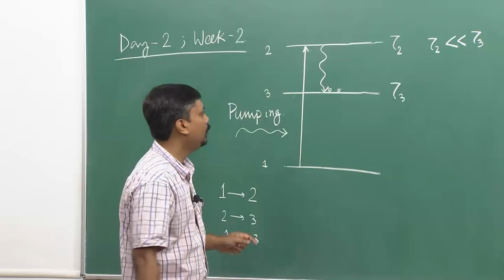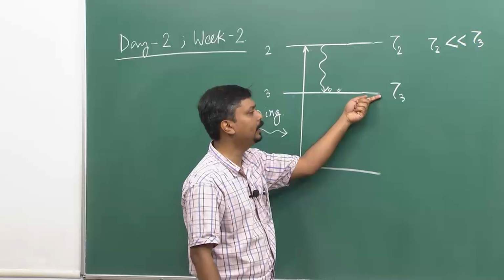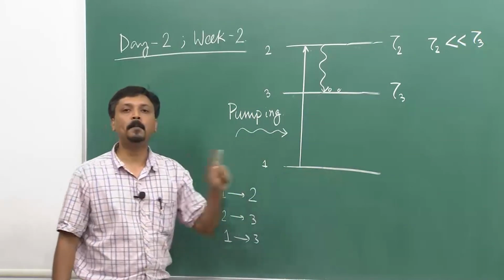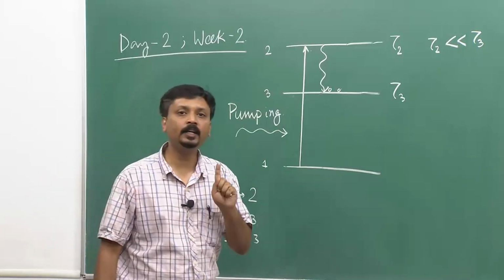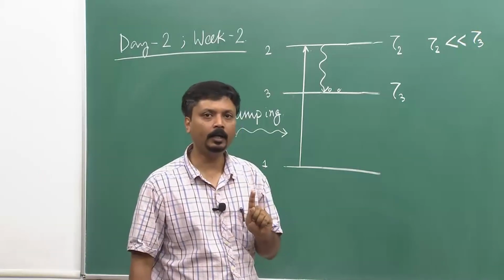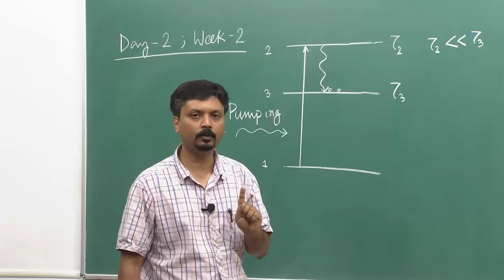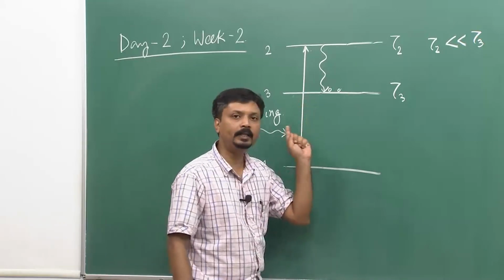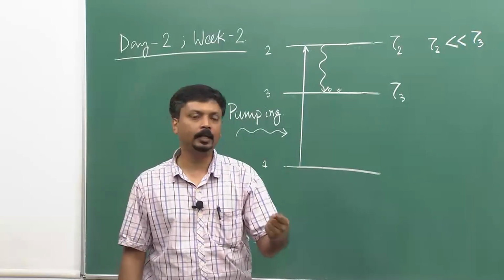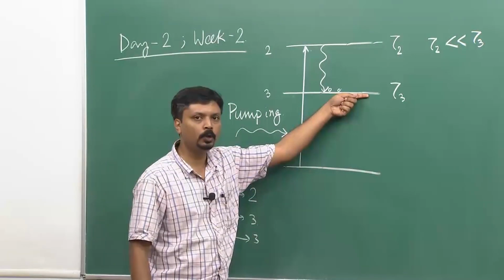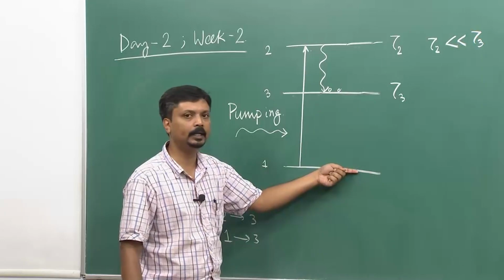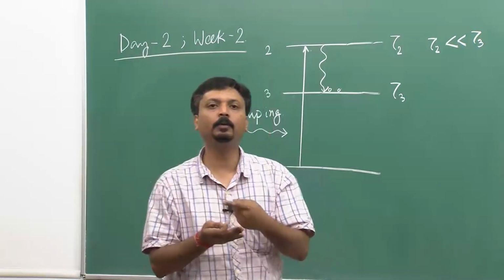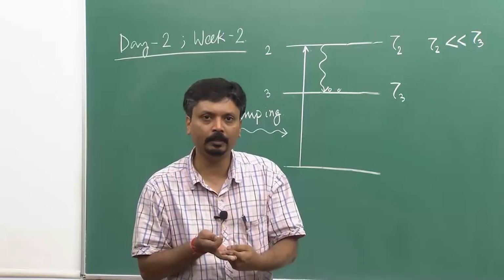Another thing to consider here is that level 3 and level 1 must be radiatively coupled, and a downward transition should be possible. Only then can I think about laser action. If this state also decays non-radiatively down to this state, then I do not have any emission, because emission means a radiative process is involved.